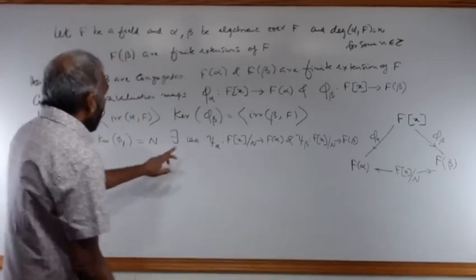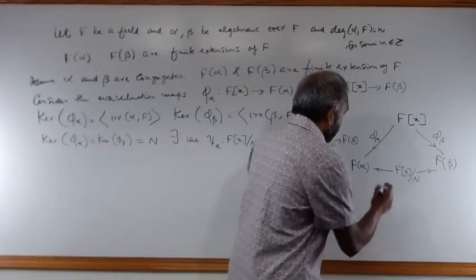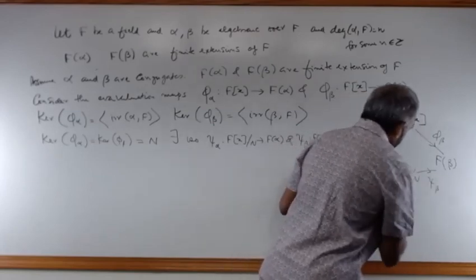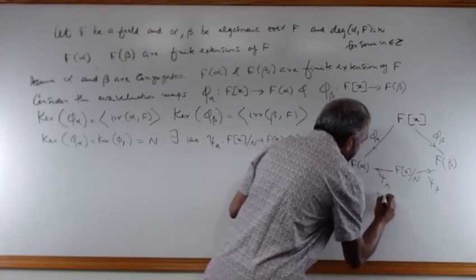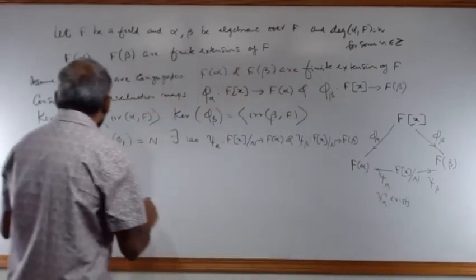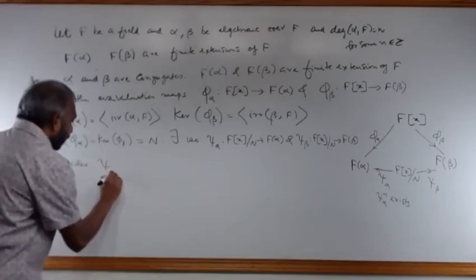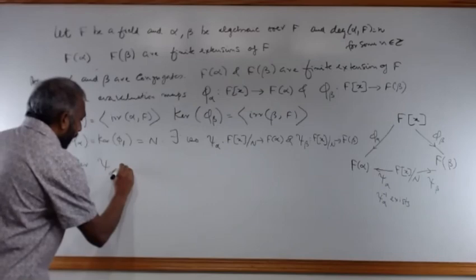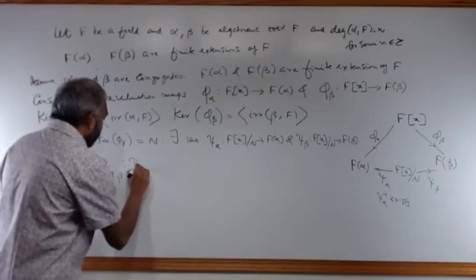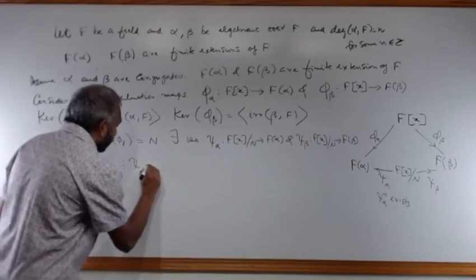Because these two are isomorphisms, we can consider an inverse. This is our setup: psi alpha, this is psi beta. So psi alpha inverse always exists because this is an isomorphism. So consider, we call it psi of alpha beta, as psi of beta after psi alpha inverse.